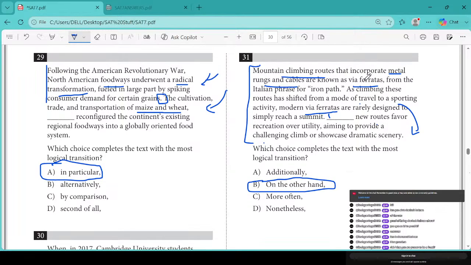However, I do not think that's the answer. Reading it again. So let's just take this slowly because we have time.